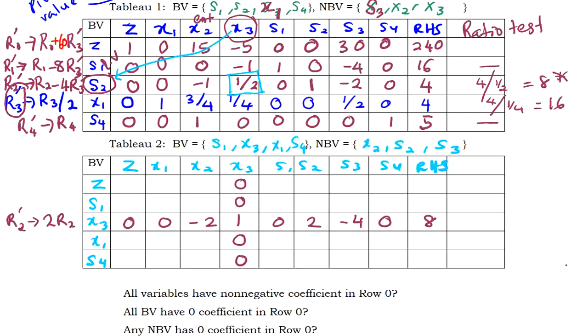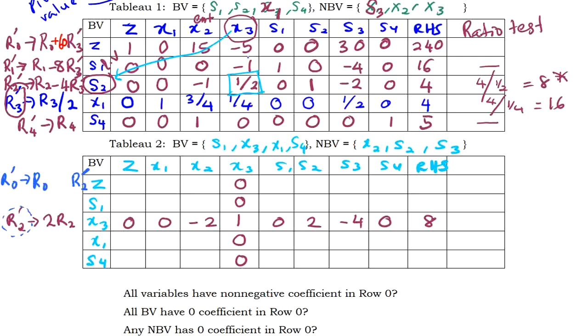Okay. For row 0, always refer to this row, go to new.